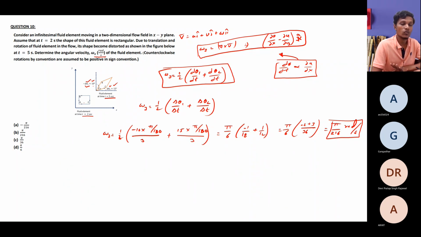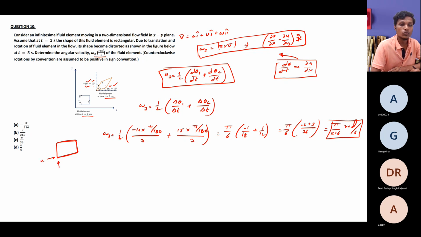Because of the flow velocity and the flow properties, the fluid element will definitely distort at the edges. Though you consider the fluid element initially rectangular, like this, at every point there is velocity.